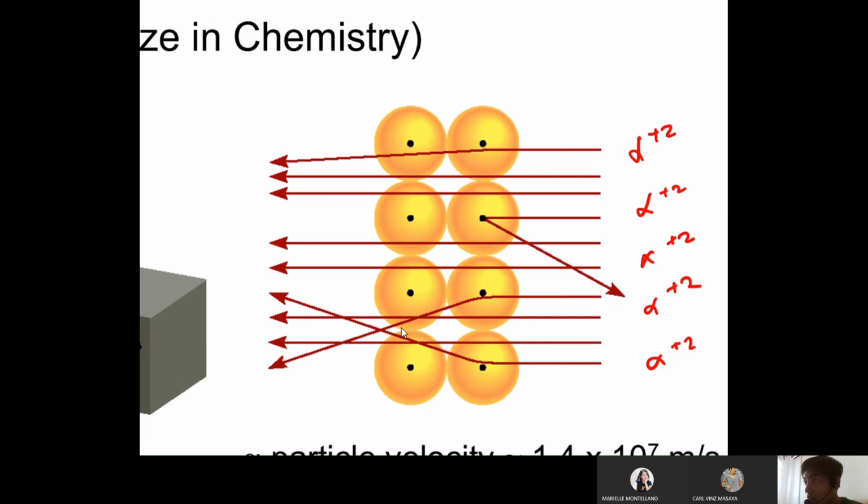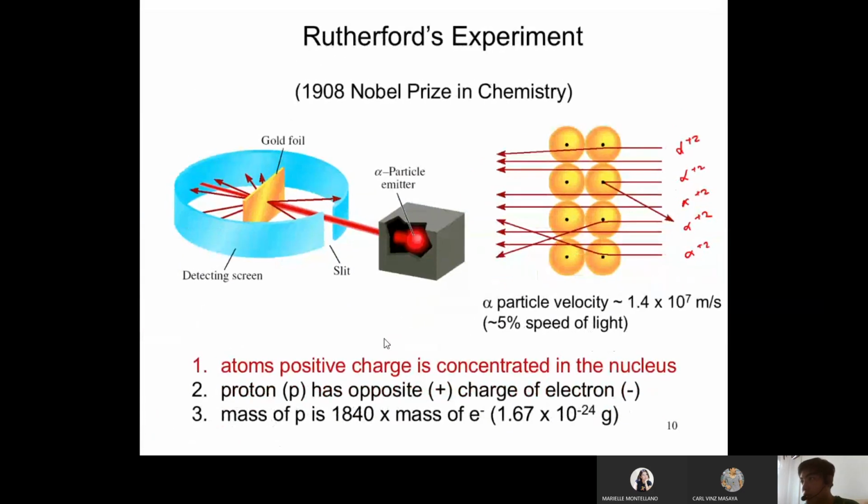So, he then came up with his conclusions, tatlo yung conclusion niya. Yung una is that yung atoms, may positive charge siya, which is concentrated in the nucleus. So, maliit lang yung particle na positive charge sa isang atom, because most of the rays tumagos naman.